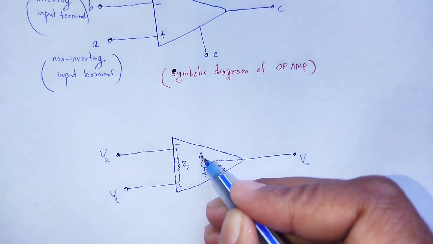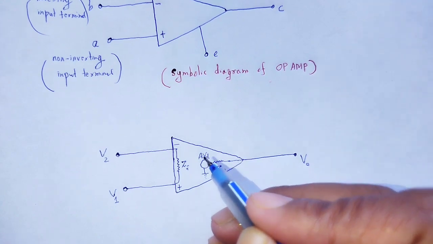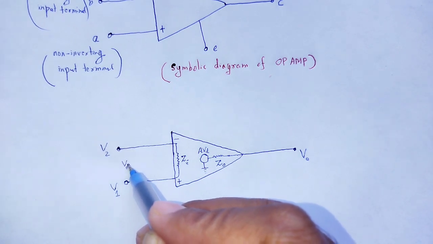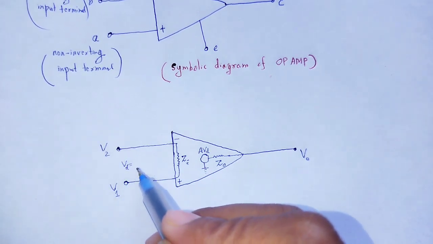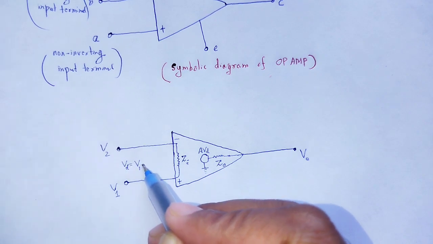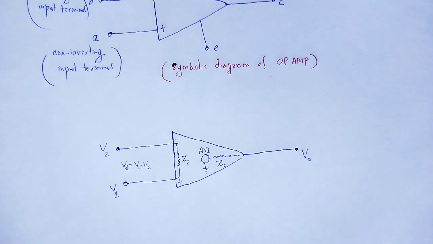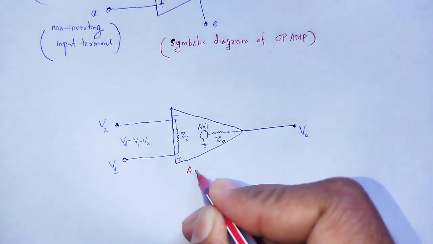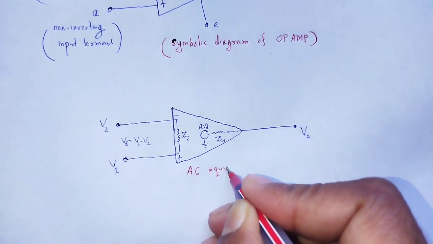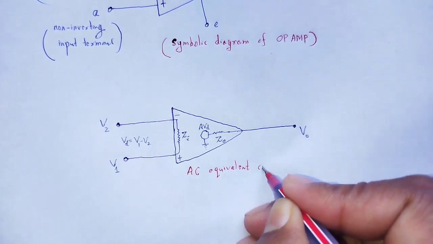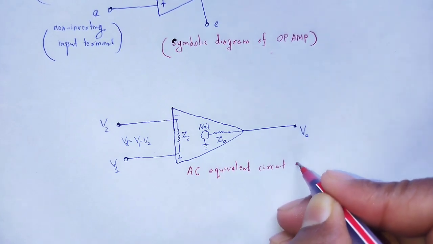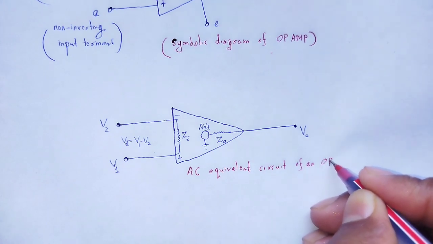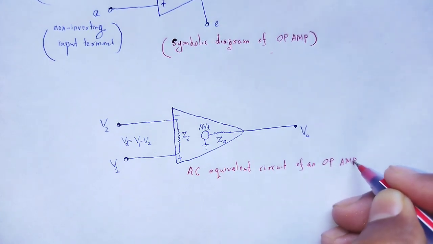VD is the potential difference between these two terminals, that is V1 minus V2. This is the AC equivalent circuit of an operational amplifier.